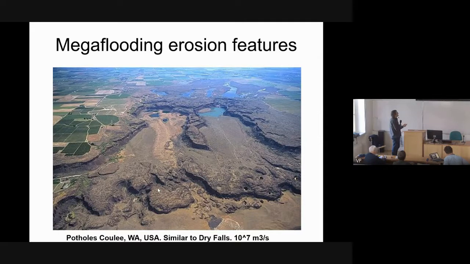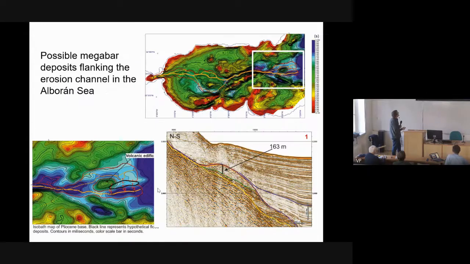So it's a typical feature of megaflooding, this horseshoe erosion and retreat of erosion during flows of very high discharge. In the case of the Missoula flood, we are talking of 10 million cubic meters per second to form those features that I just showed.